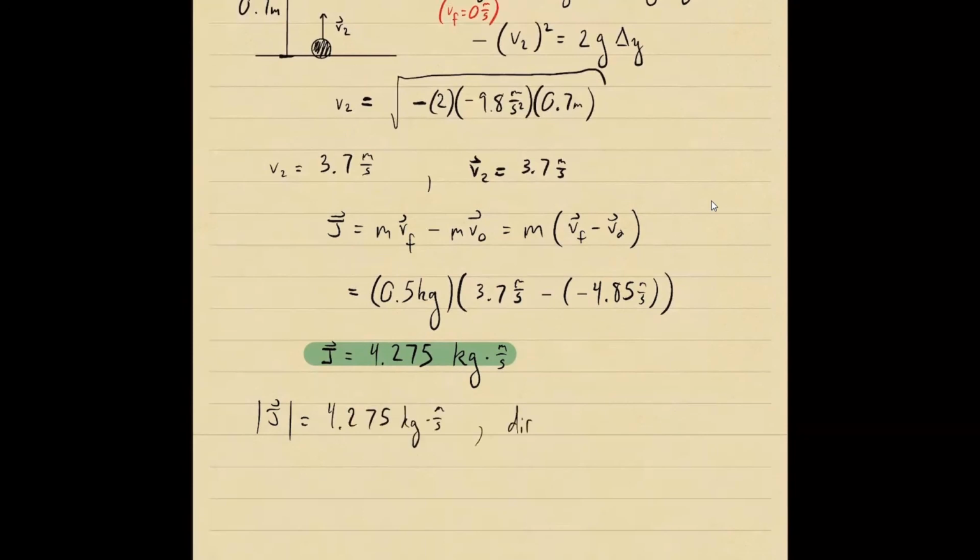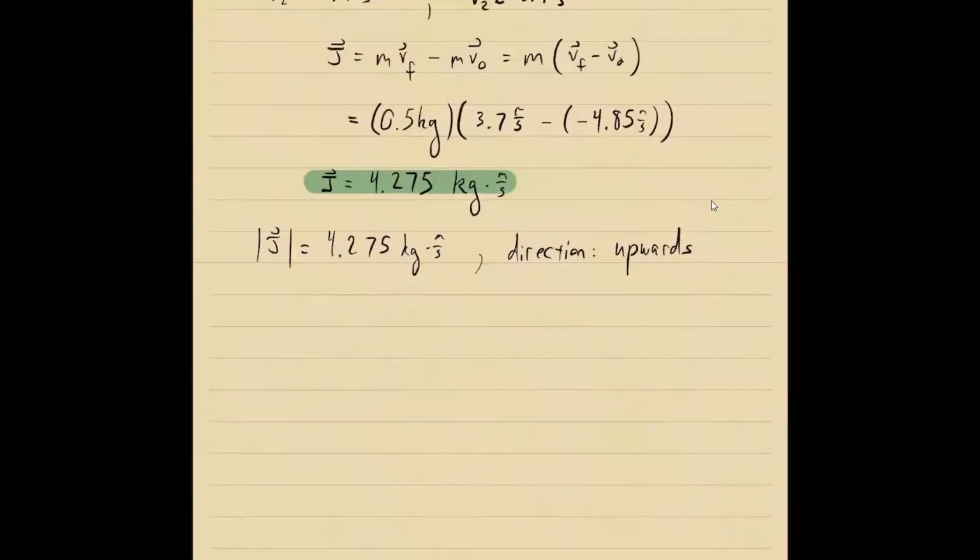And the direction is indicated by the fact that in vector form, this is a positive number. So this tells us that this impulse is directed upwards. And so that's the end of our problem.